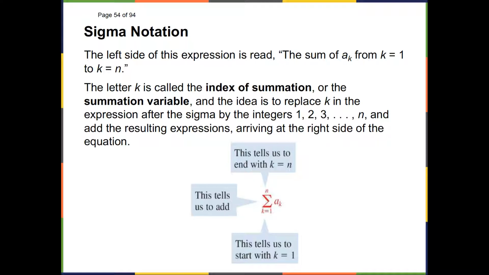The number on top tells us how many numbers we're talking about. The number on the bottom, where it says k equals 1, tells us where we are starting. We're going to add those terms together from a sub k, where k equals 1, all the way to k equals n. Add up all the terms. That's what that fancy term means.